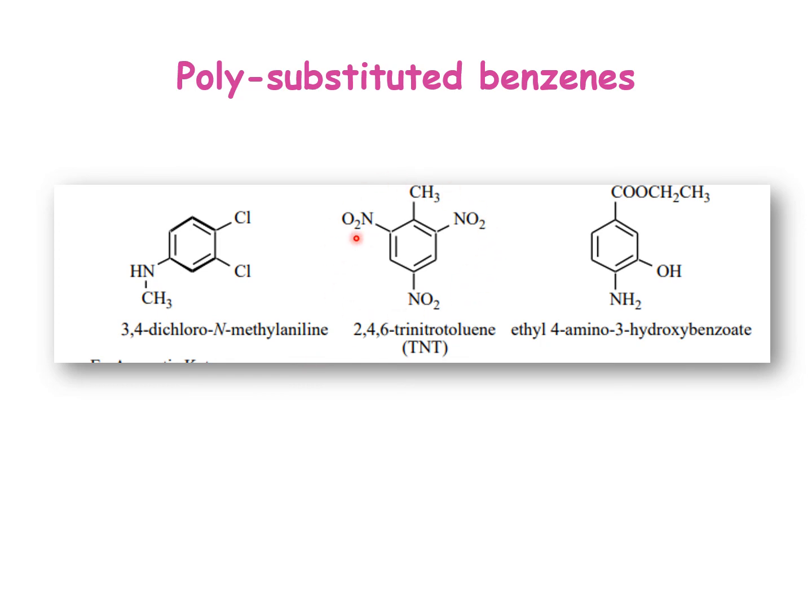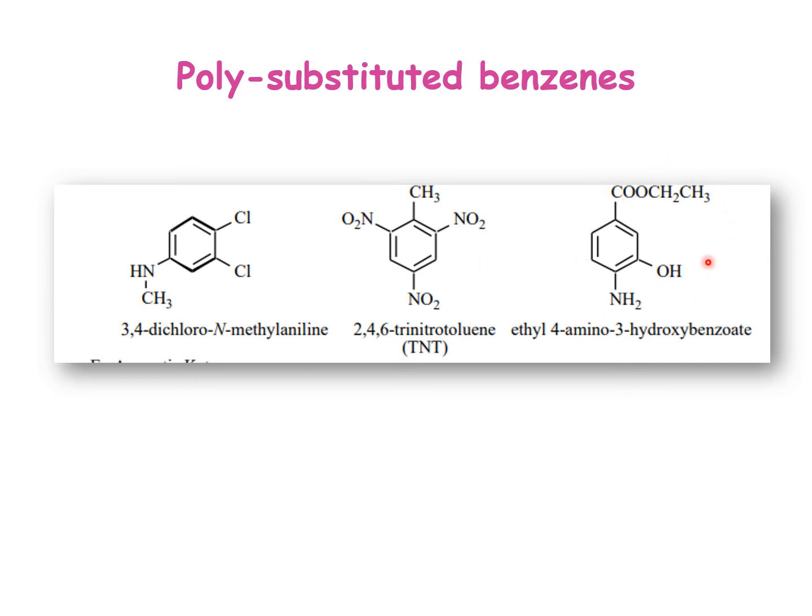Here, when we have 3 nitro groups and 1 methyl group, then nitro groups are present as a substituent on methyl group. So that root name is toluene. So at 2, 4 and 6 we have nitro groups. So it is 2,4,6 trinitrotoluene.